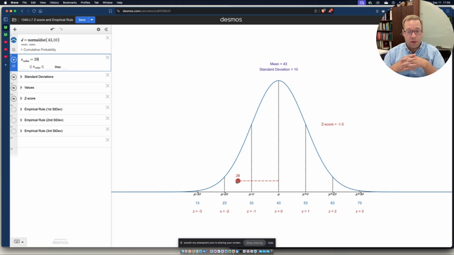Great idea for z-scores. And let me add one more thing here before I wrap up. I wrote down here the z-scores for these different lines. If you are one standard deviation above the mean, in other words, you go from 43 to 53 in this example, you're one standard deviation above, that will give you a z-score of 1.